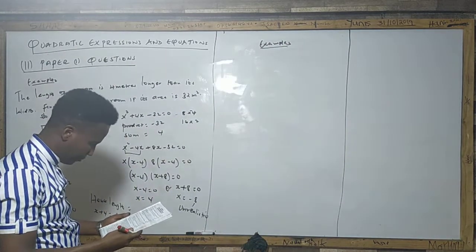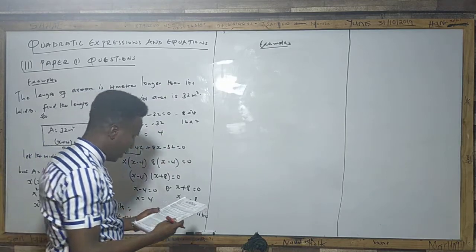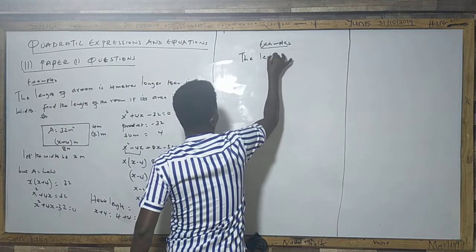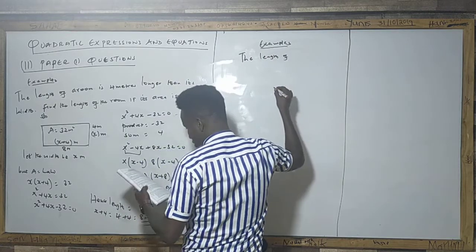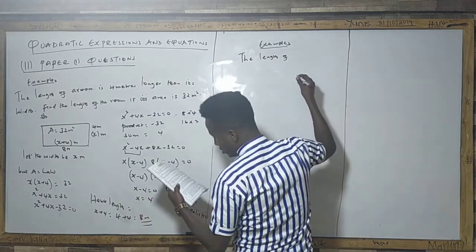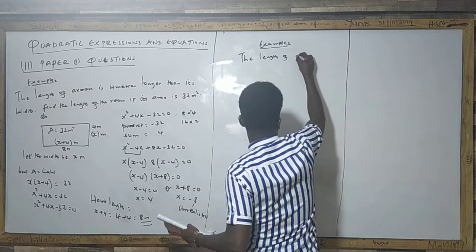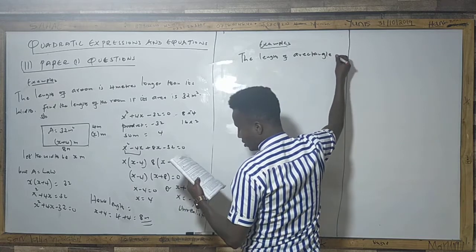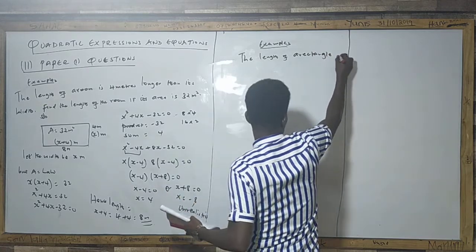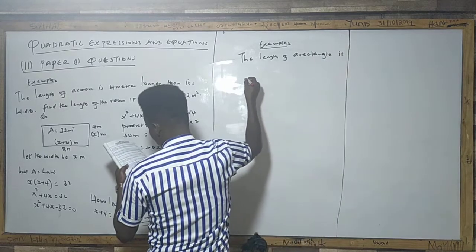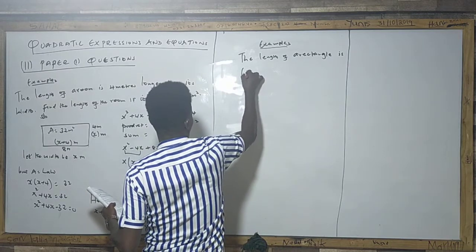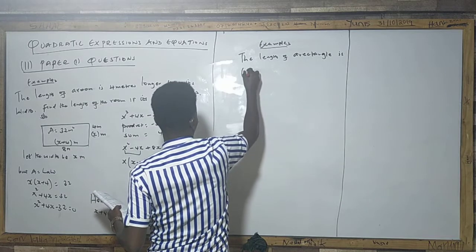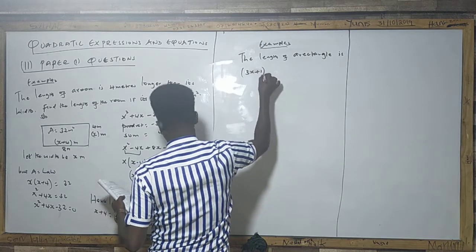We are told, look at this one. The length of a rectangle is, in the bracket, 3x plus 1. Inside this bracket we have 3x plus 1.